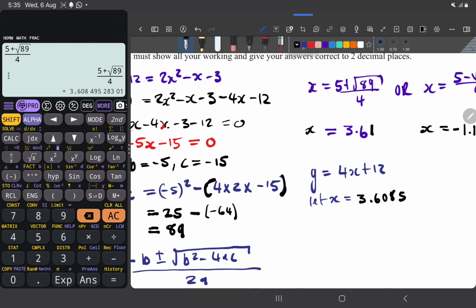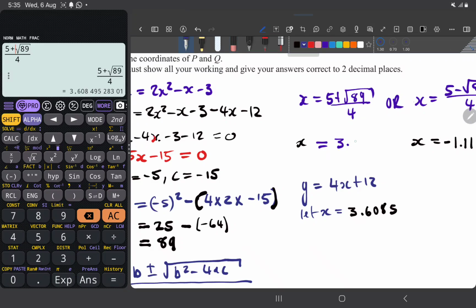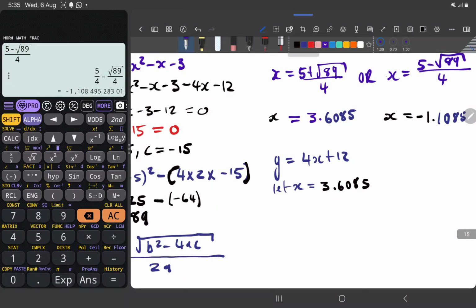Okay, I'm now putting 4 decimal places, because this is not the final solution. And then here, when it was a minus, it was negative 1.1085. Do not round off like what I did before the final solution. You'll get it wrong. It's dangerous. Don't do that. So now you're going to say, let x be equal to this first value.